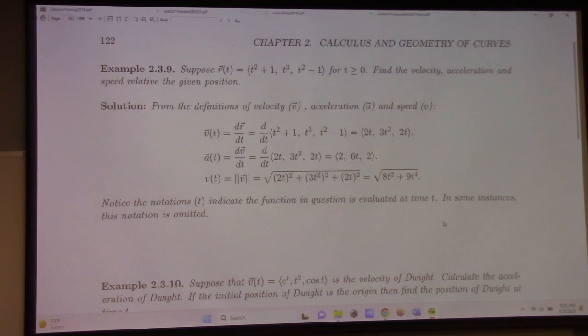If to the quiz I add the instructions, find the normal vector, then I owe you at least another 2 minutes. It's just much worse, because to find the normal vector, I would have to differentiate the tangent vector, right?